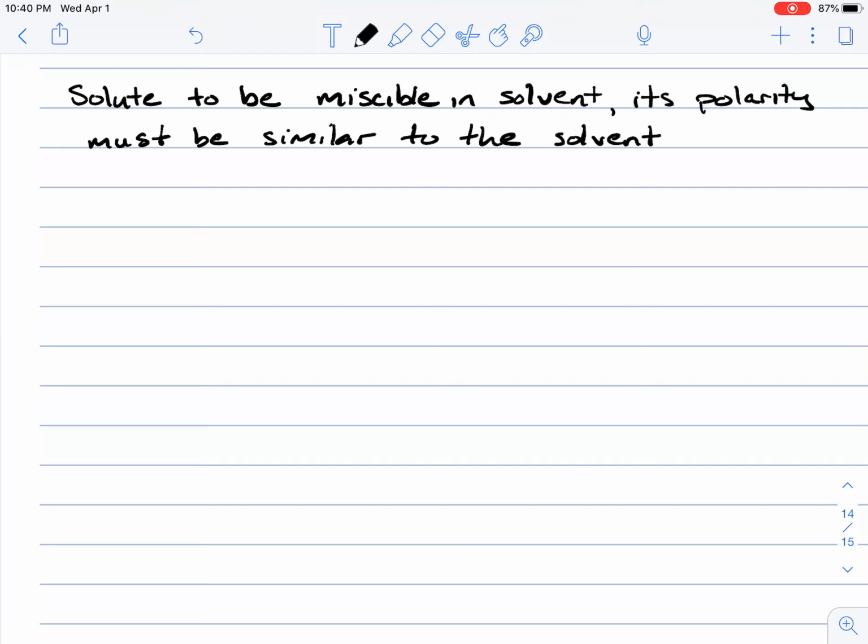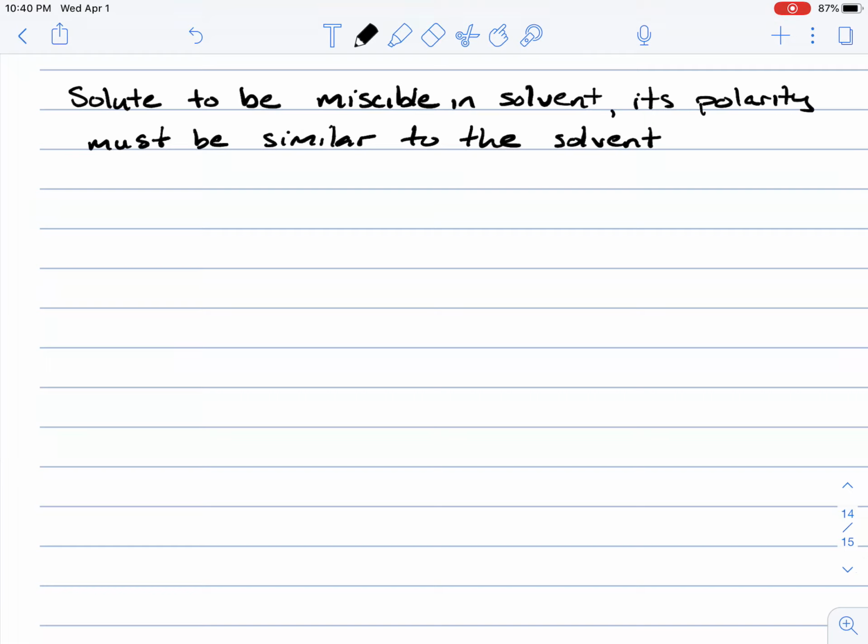And so if a solvent is polar in character, and if you put a polar solute inside that same beaker, then you can expect that those two compounds will be miscible, forming a homogeneous solution.